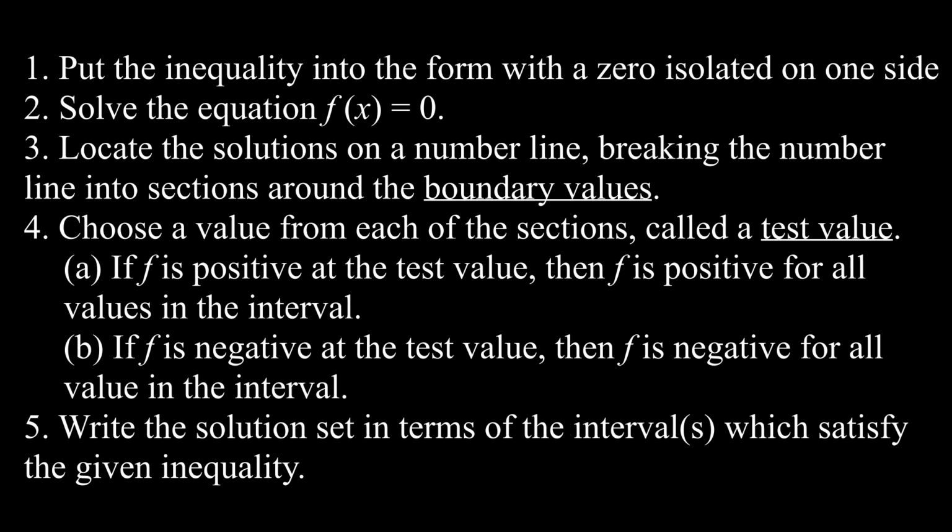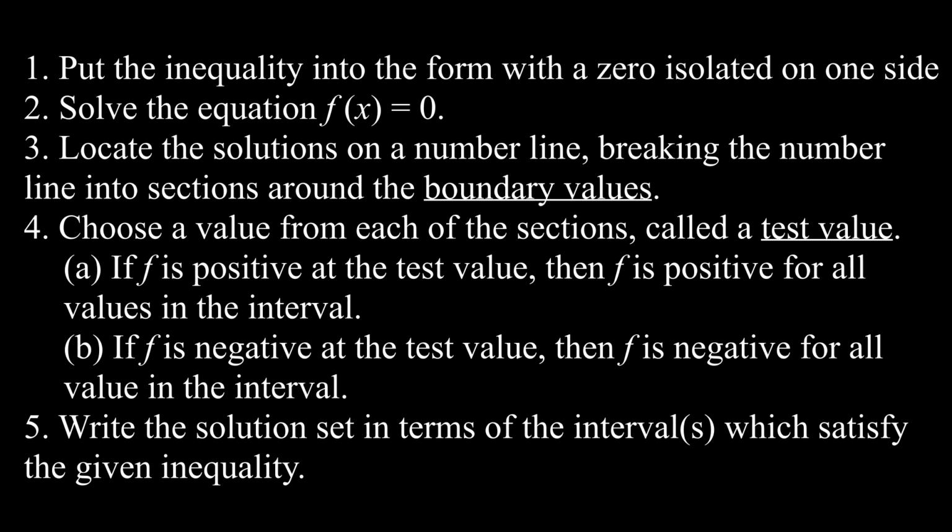Then, in each of the sections that you've broken off using those solutions, you pick a point called a test value, where the test value is going to be your representative for the behavior along that entire interval. If f is positive at the test value, that would mean f is positive for all values in the interval.